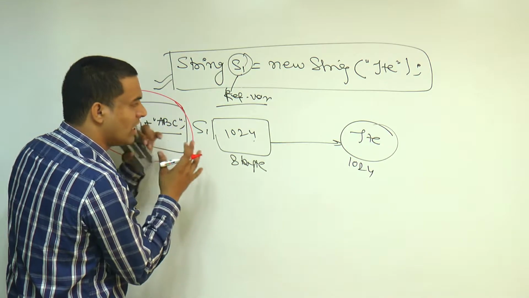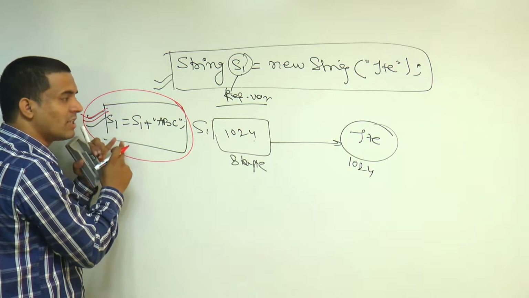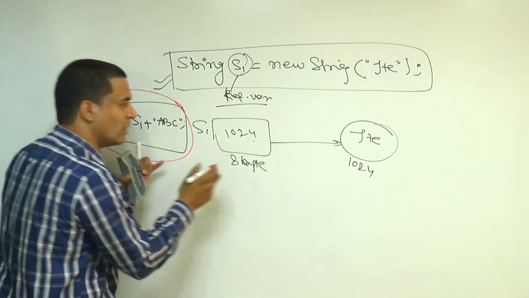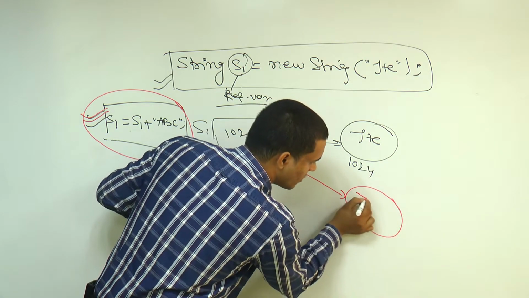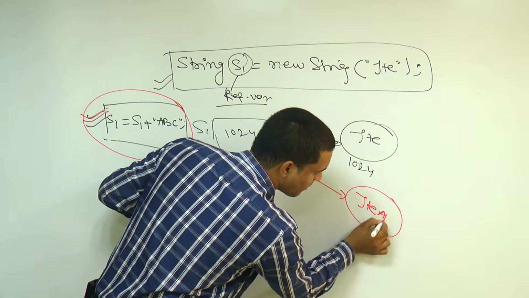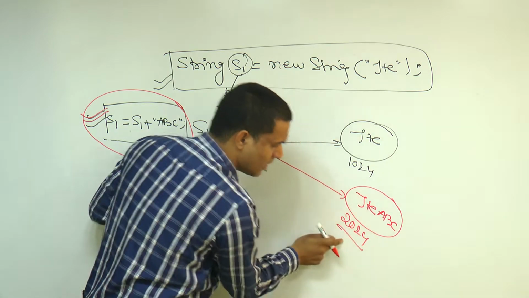It means, if it is immutable, then what it will do is go to another memory location and write JTC plus ABC there, and let's say 2024 is the memory representation.